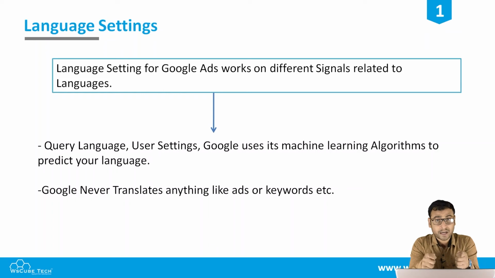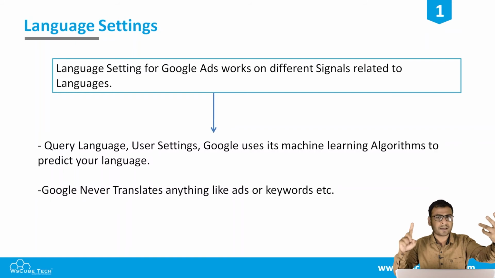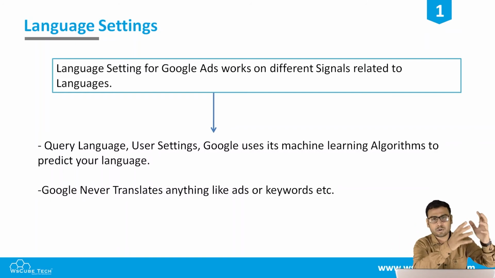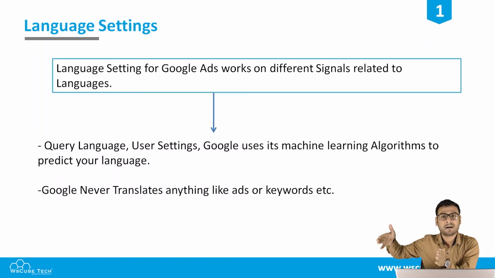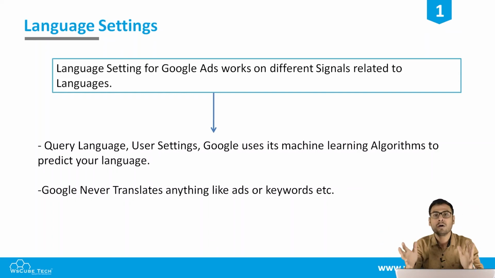As an advertiser, if you think that I have kept my keywords in English and my advertisement location is Saudi Arabia, and anyone in that location searching in Arabic will have their keywords translated into English and matched to my ad group, so that my ad will show up, this is not going to happen.